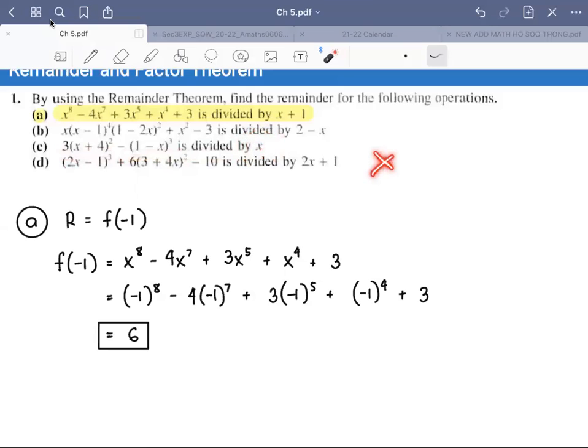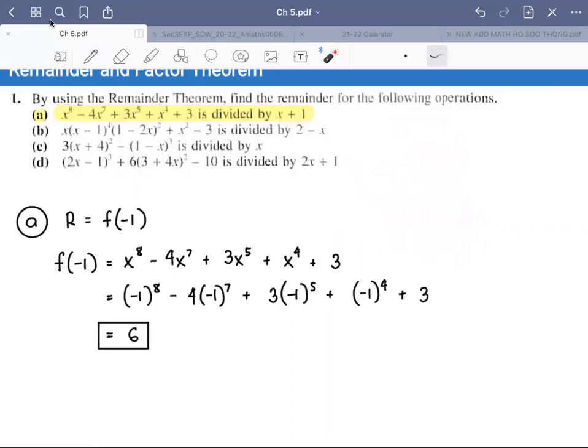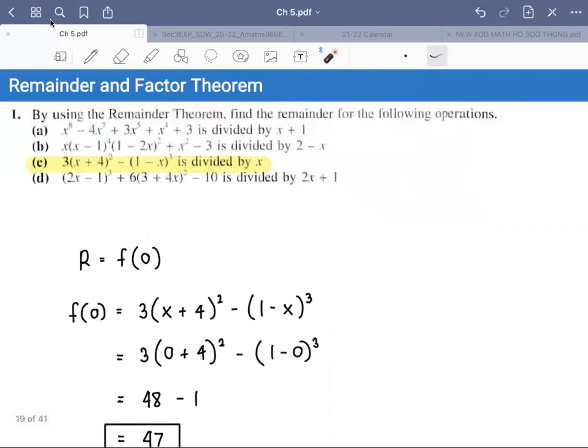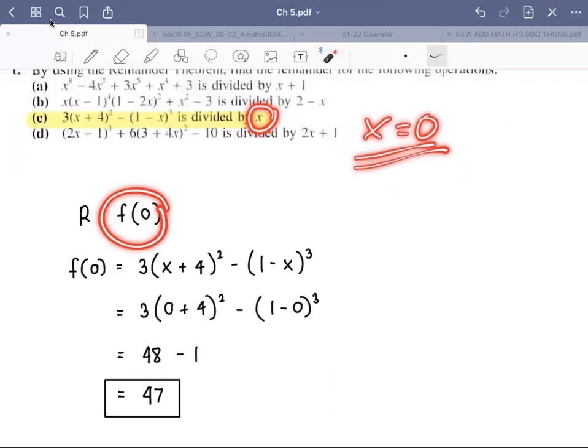So basically, x is equal to 0, and your function for letter C is f of 0. Why is it f of 0? Because this is just x. If you equate this to 0, basically that's it, right?